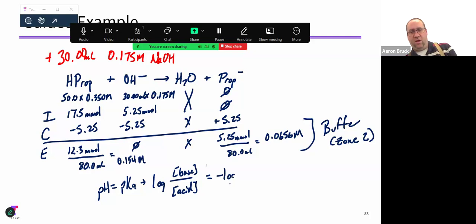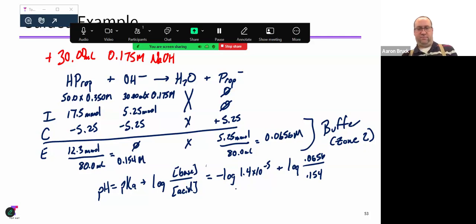So the negative log of 1.4 times 10 to the negative 5th, plus the log of the base, 0.0656, divided by the acid, 0.154. The negative log of 1.4 times 10 to the negative 5th, to 2 decimal places, is 4.85.